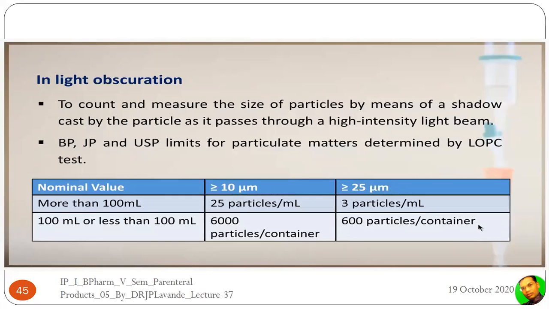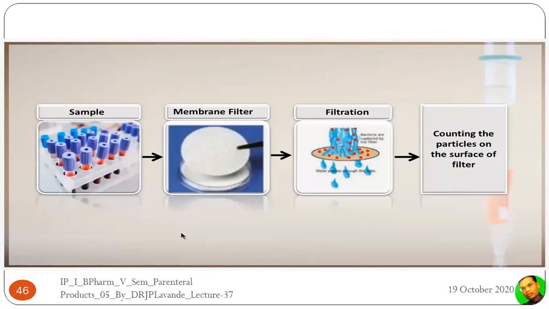If the volume is less than 100 ml, then 6000 particles of size greater than or equal to 10 micrometers per container are permissible, and for 25 micron or more, up to 600 particles per container. That is the limit.